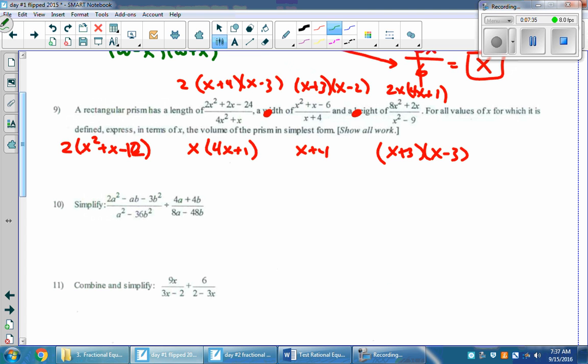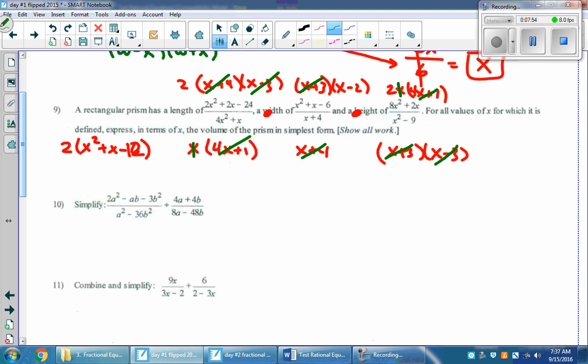Now we're done. Everything's factored. Just take your time. Be neat. And just start canceling what's the same. That x and that. So left up top is this, x minus 3, I missed that.